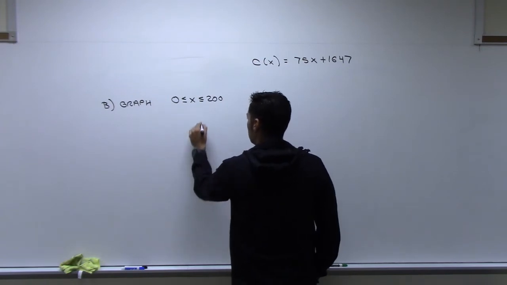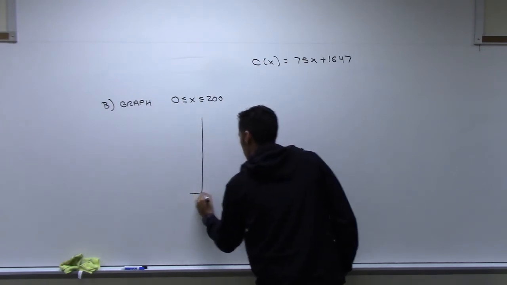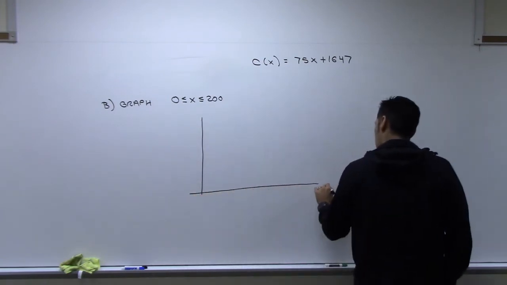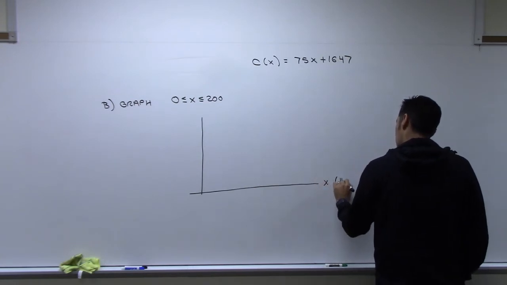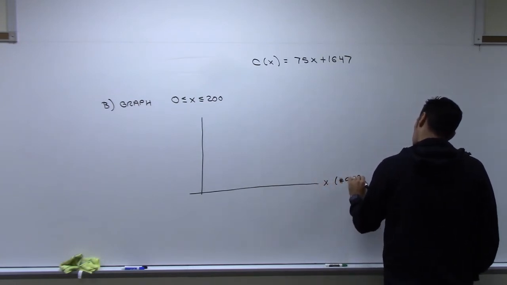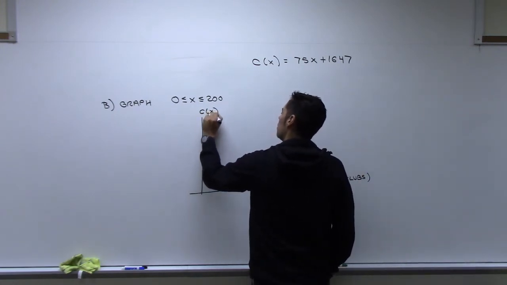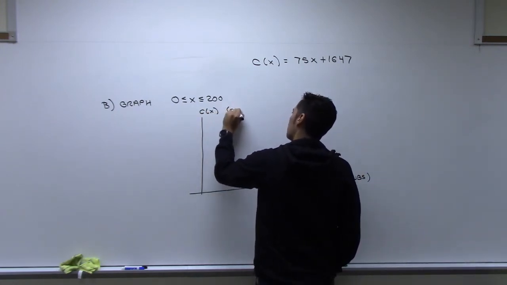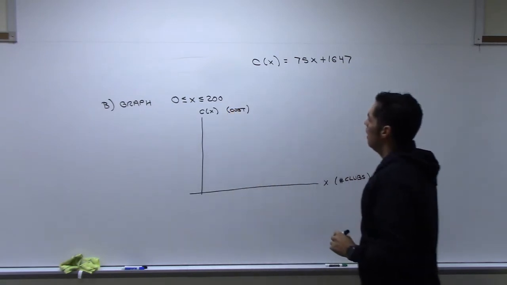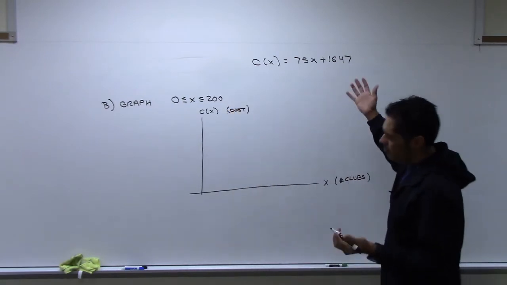So graphing this, we're going to have x, which is going to be the number of clubs, and then up here is the c of x, which is our cost. To graph this, we have many different options.